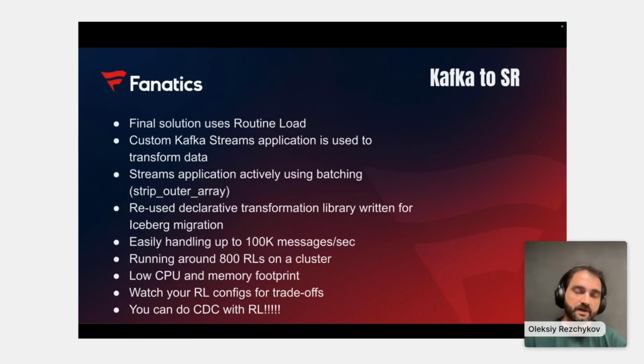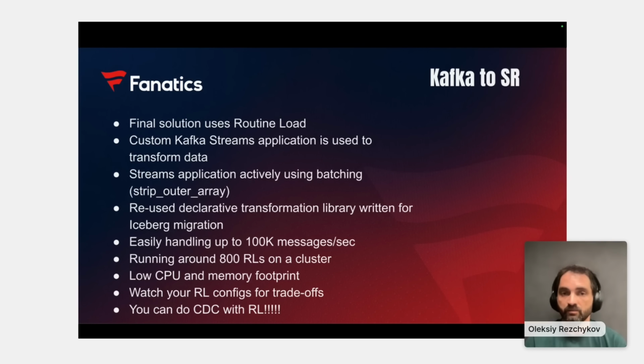So we moved further, and we picked the routine load, which is a type of ingestion where backends are running Kafka clients, Kafka consumers that are pulling data from a specific topic. The complexity that we were facing here was the fact that there were certain data transformations, and luckily we were able to reuse some of the libraries that we wrote for Kafka to Iceberg transformations.